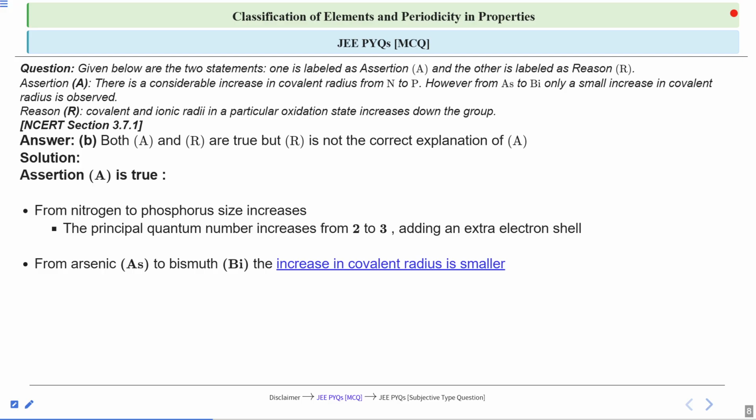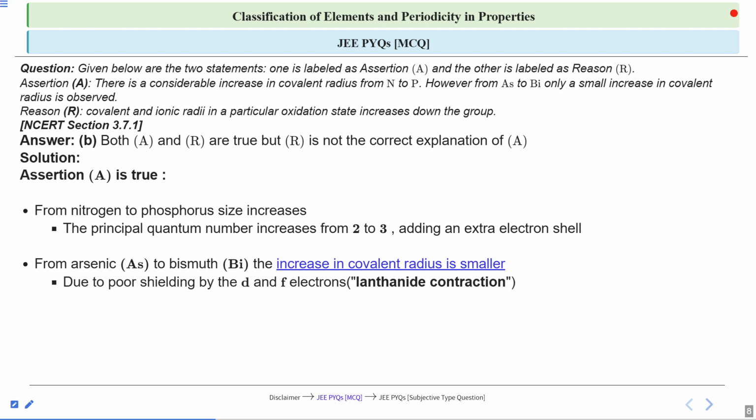Now, if you consider the case of arsenic to bismuth, there is an increase in the covalent radius, of course, but that increase is not that significant as compared to nitrogen to phosphorus. Now, what is the reason behind it? The reason is the involvement of d and f electrons.